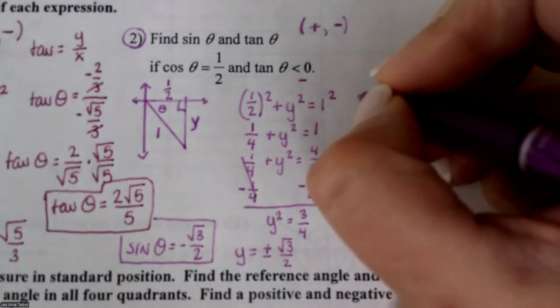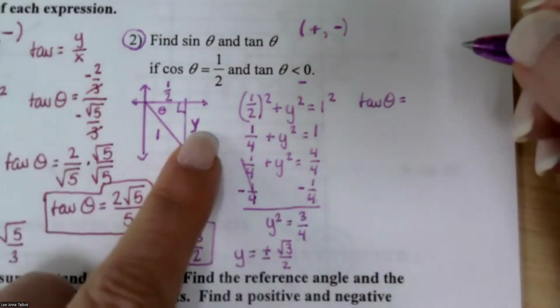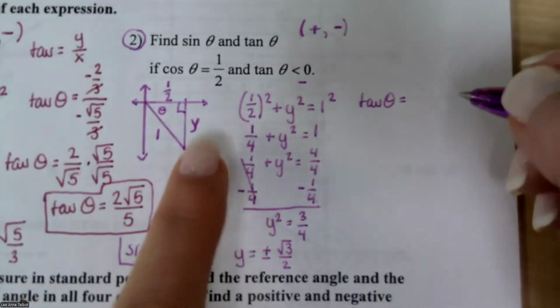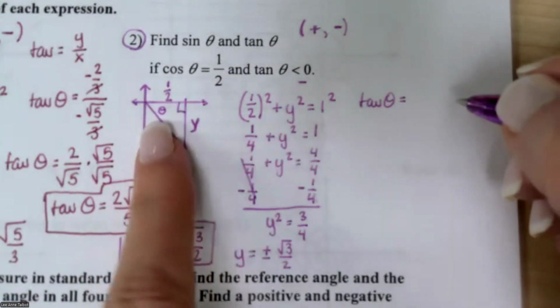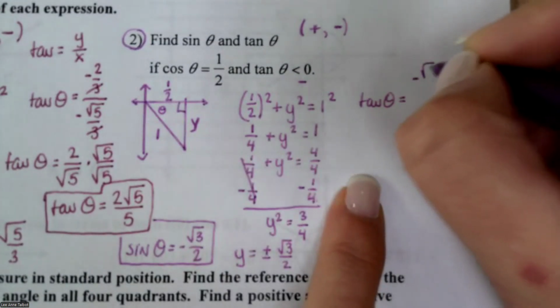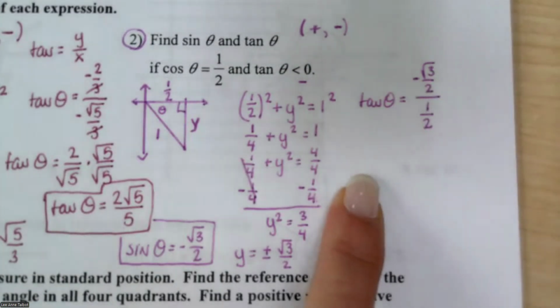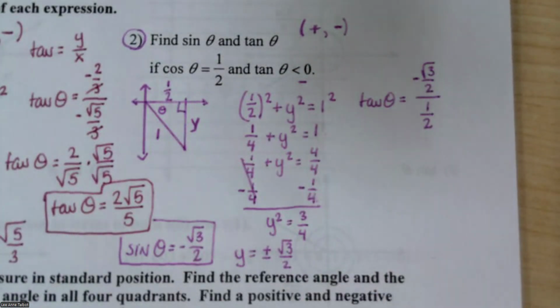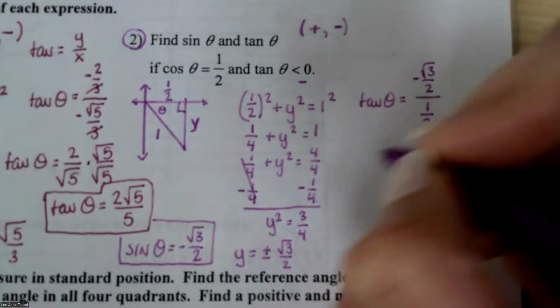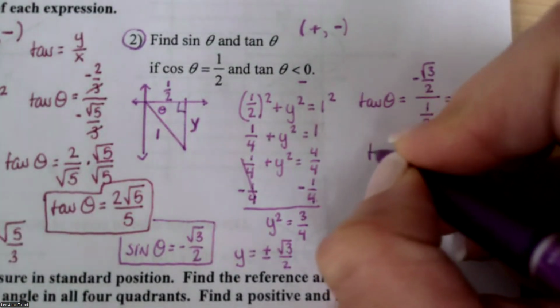Okay, and then I'm going to do tan. Tan is opposite over adjacent or sine over cosine or y over x, however you want to look at it. Negative root 3 over 2 over 1/2, which is negative root 3.